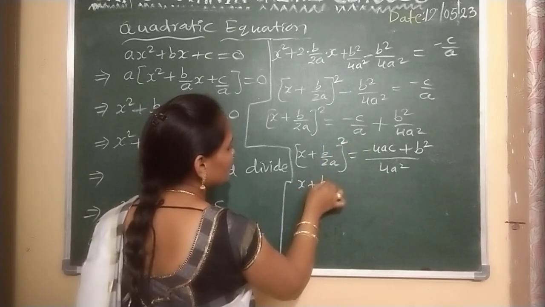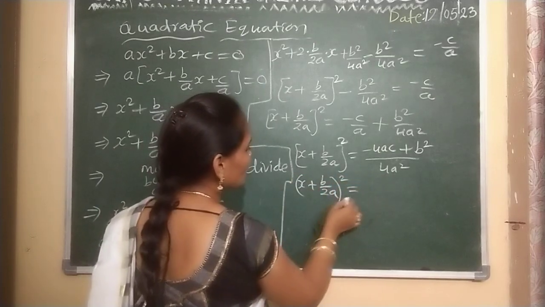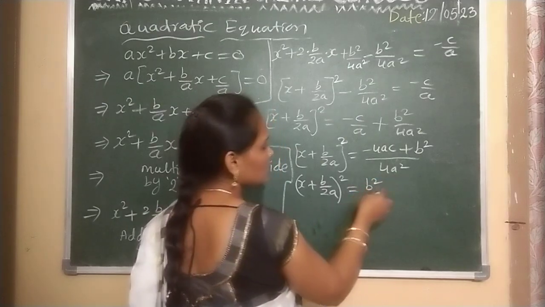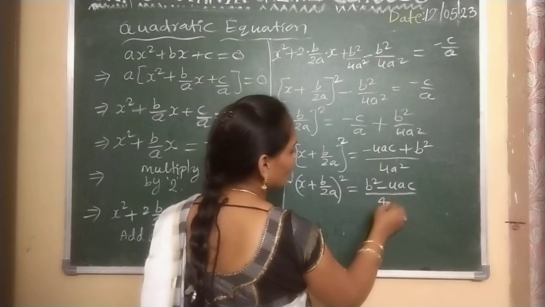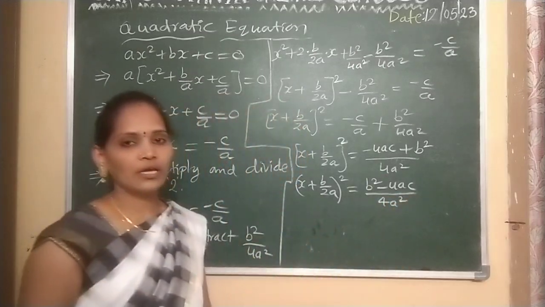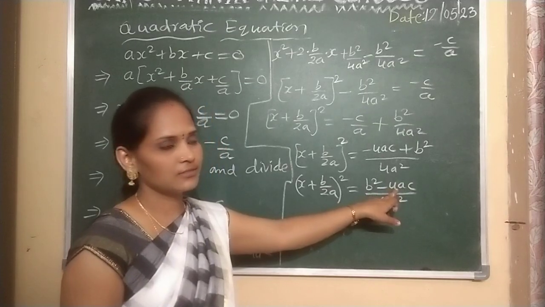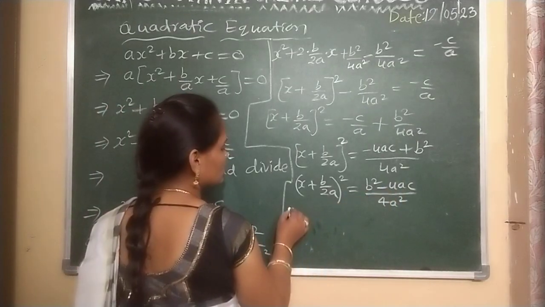Now x plus b by 2a whole square, which is equal to, first I am writing positive term, b square minus 4ac by 4a square. First I took plus term, next I took minus term. That's it, simply. Now square root on both sides.